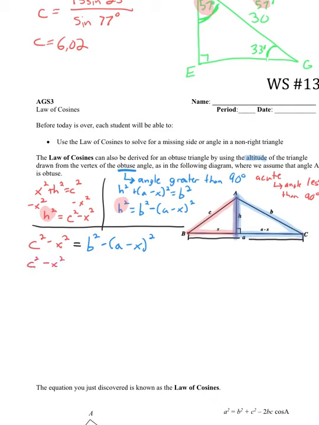I have the Pythagorean theorem relating these two triangles, and I'm trying to make it one equation. The (a minus x) squared can be rewritten as (a minus x) times (a minus x). So that's a squared minus xa minus xa, so minus 2ax plus x squared.